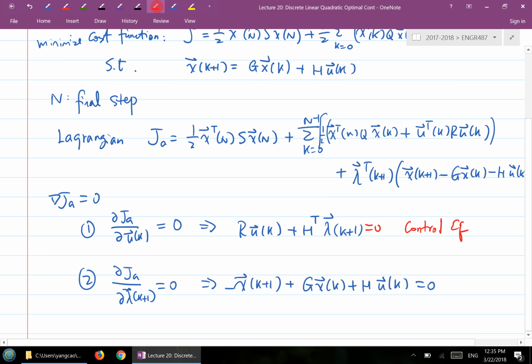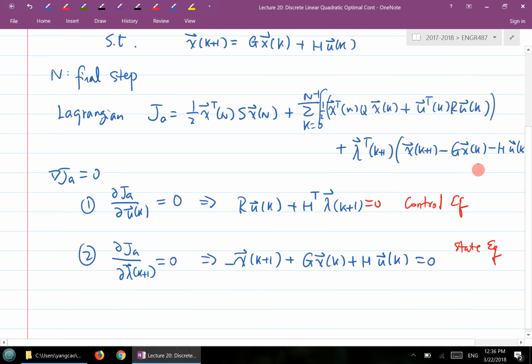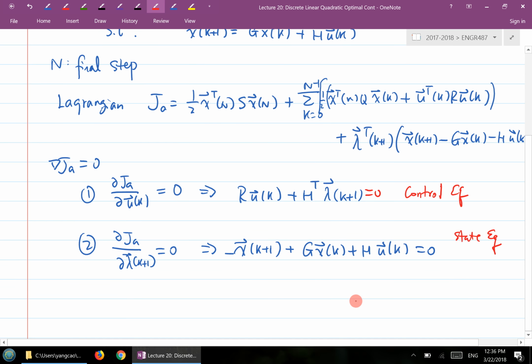Of course, it's the state equation, our original state equation. The last partial derivative is with respect to x of k, the state, and we let it equal 0.